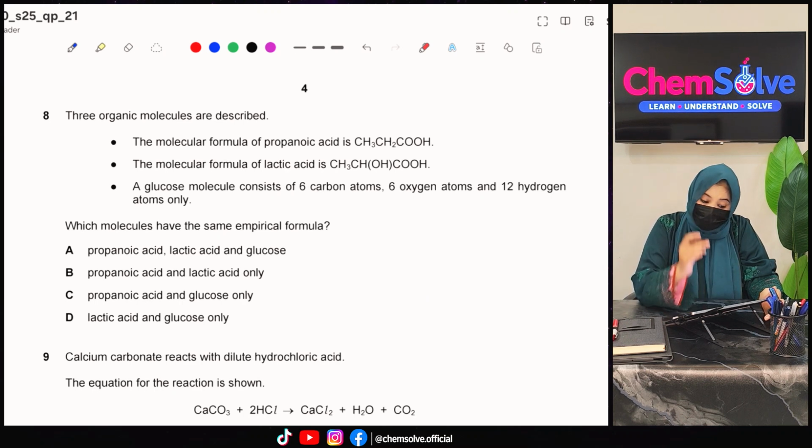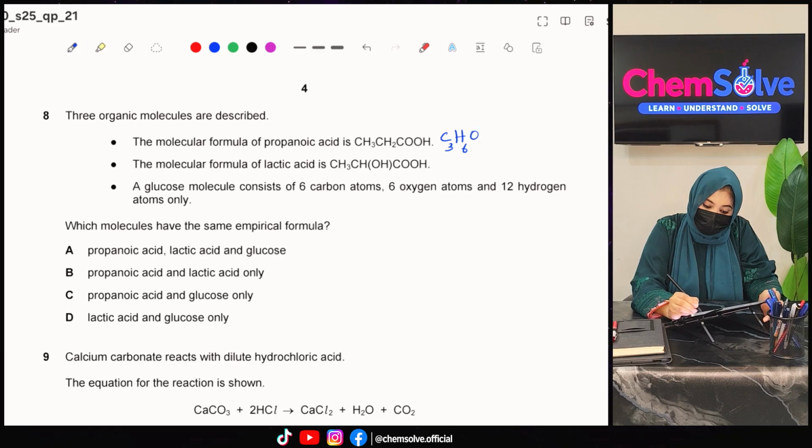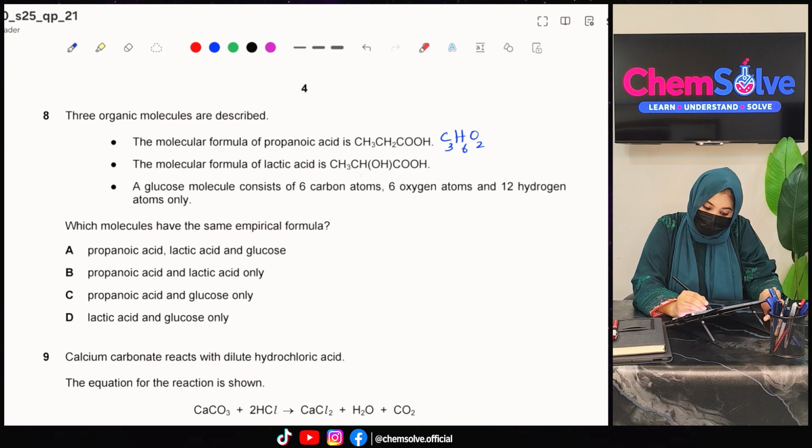The molecular formula of propanoic acid is this. So let's make the molecular formula. It has C3H6O2: 1, 2, 3 carbons, hydrogen 1, 2, 3, 4, 5, 6, and oxygen 1, 2.